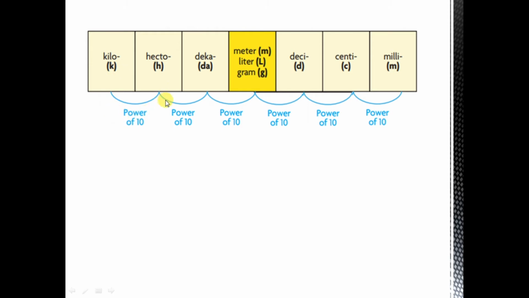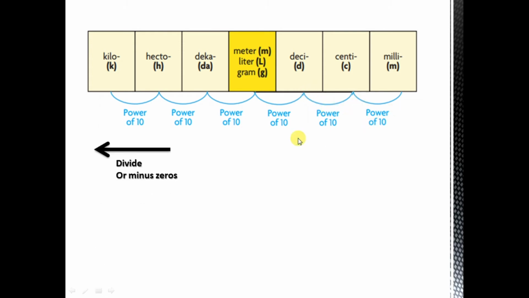If I move from hecto to deca, I should multiply by 10, and so on. If I move from deca to meter, liter, or gram, I should multiply by 10. If I go from meter to deci, I should multiply by 10, and so on.